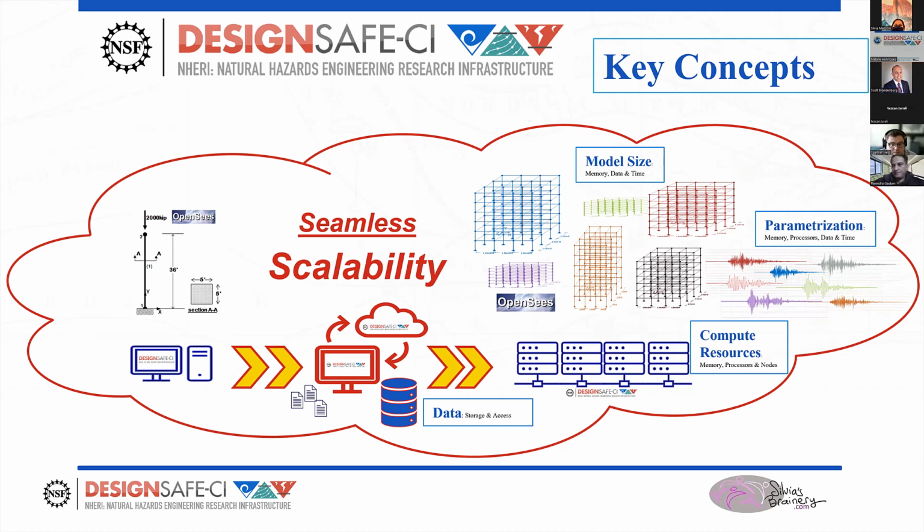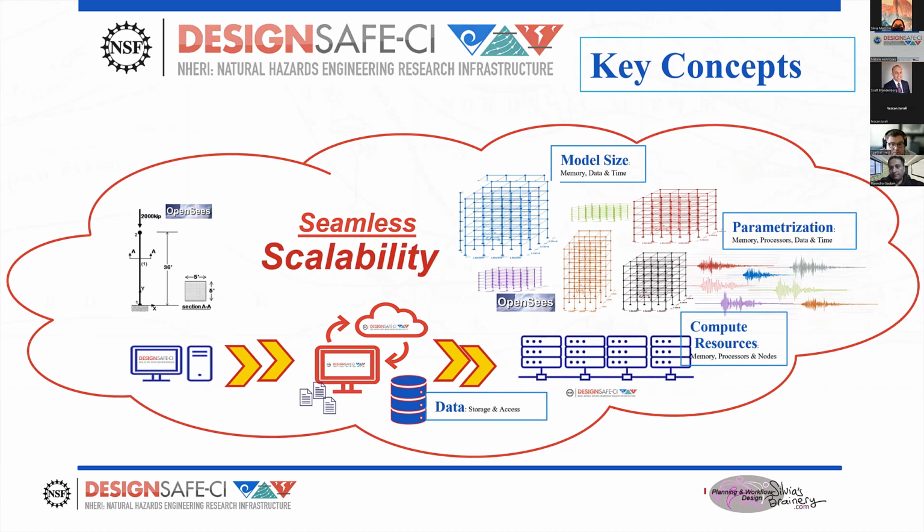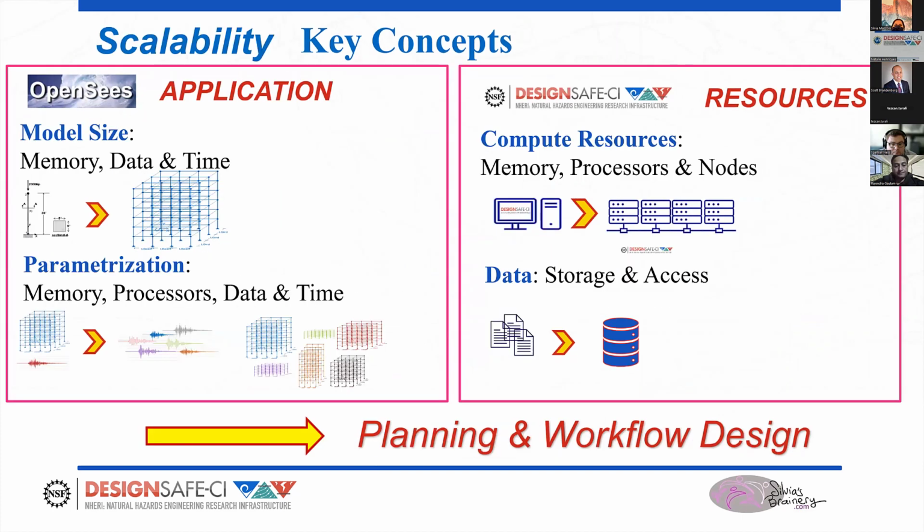And so these 4 different concepts, we can almost group them between your application and your resources, right? So the model size and the parameterization, that's something that you're running. So which OpenSees is really the optimal version of OpenSees that I can use, or optimal application, as well as your resources, which is, on the other hand, what computer resources do I need at each stage of my model.